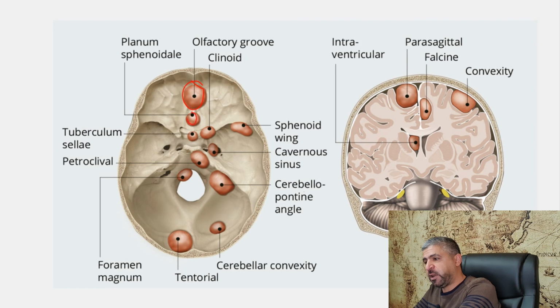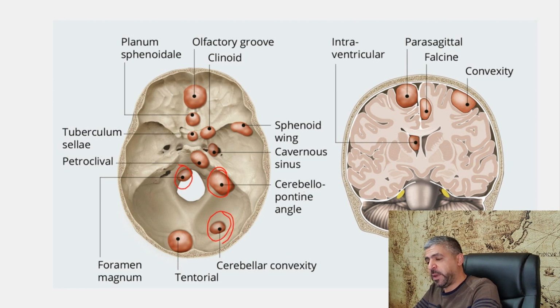This is the planum sphenoidale meningioma, the clinoid process meningioma, tuberculum sellae meningioma, and cavernous sinus meningioma. It's a recognized type, and the petroclival meningioma usually occurs in this location. If it is here, it will be called the cerebellopontine angle meningioma, or foramen magnum meningioma.